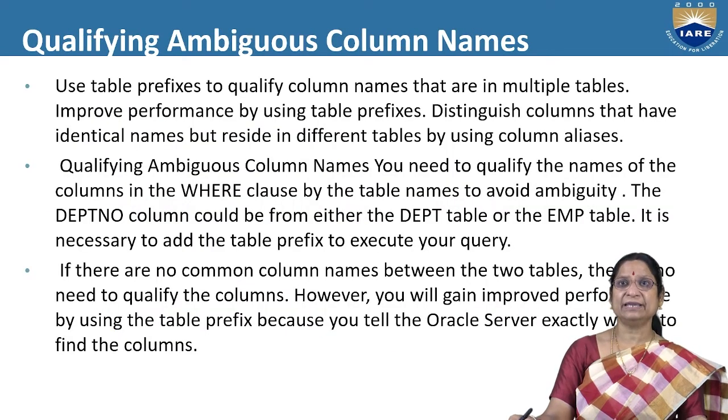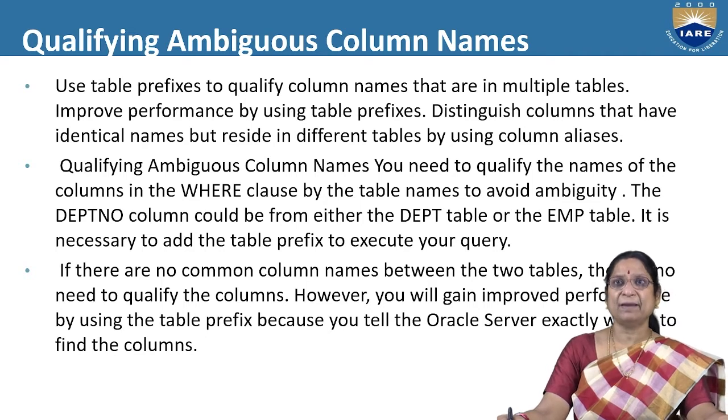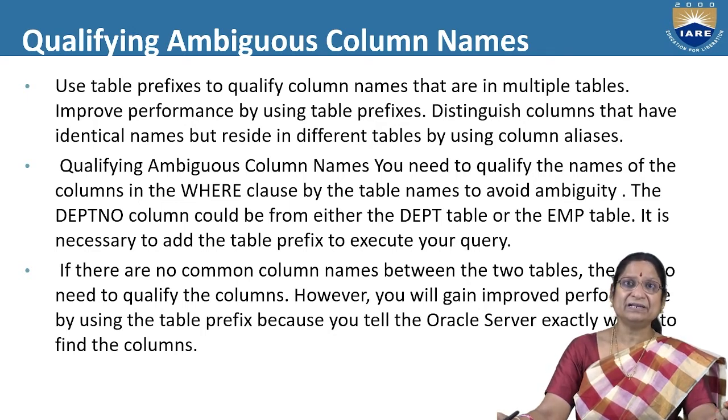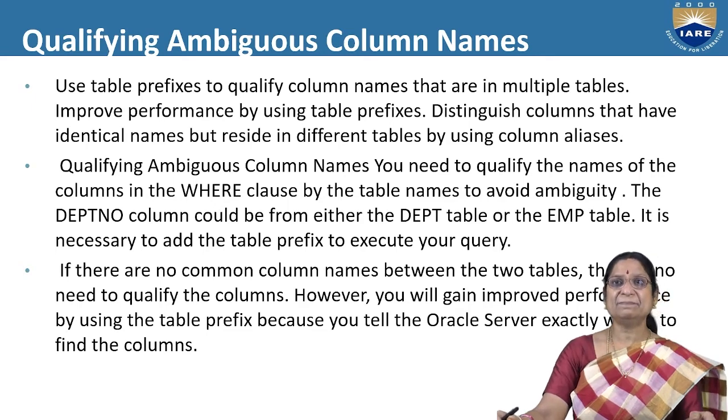To avoid ambiguity, if two tables consist of the same column name, then the particular column name must be qualified by the next higher order. Higher order means, it is an attribute, no? Higher order will be the table. So the column must be qualified by the table.